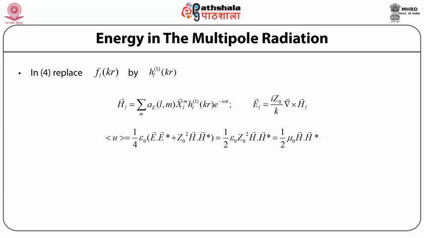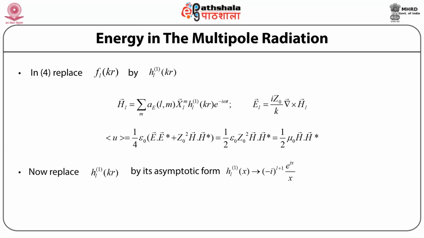Time average of U is equal to 1 divided by 4 epsilon naught into E vector dot E vector conjugate plus Z naught squared into H vector dot H vector conjugate, equal to half epsilon naught Z naught squared into H vector dot H vector conjugate, equal to 1 divided by 2 mu naught H vector dot H vector conjugate.